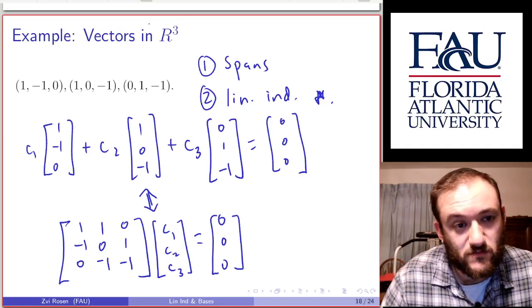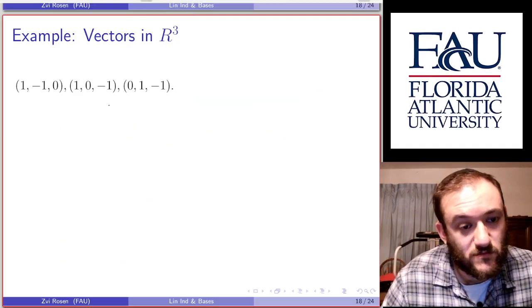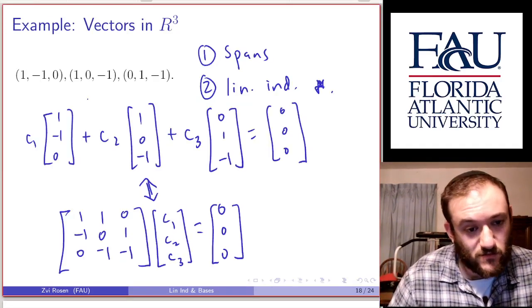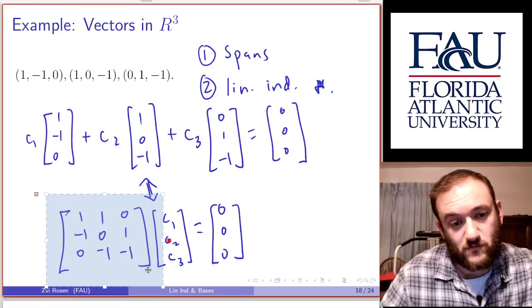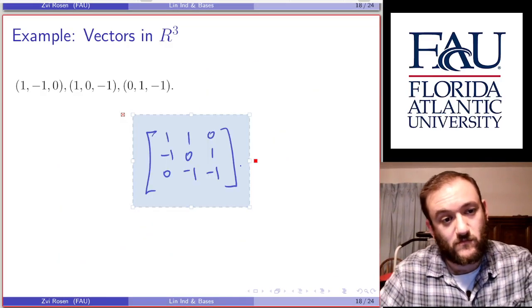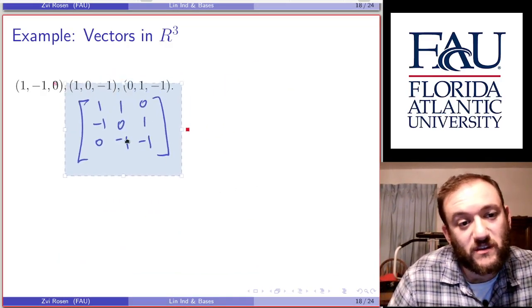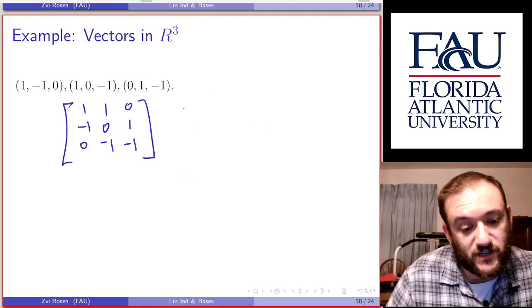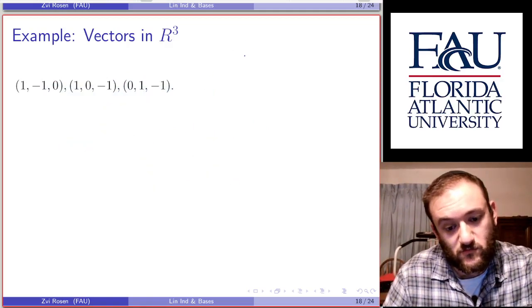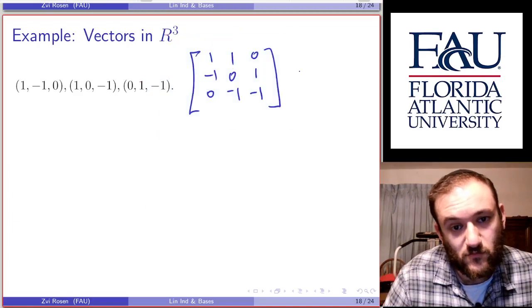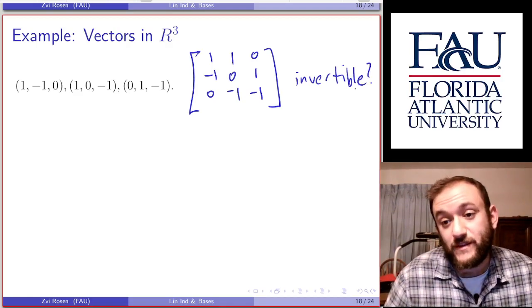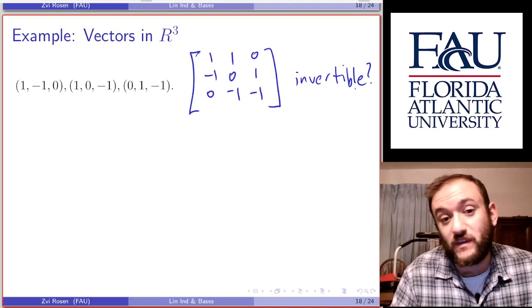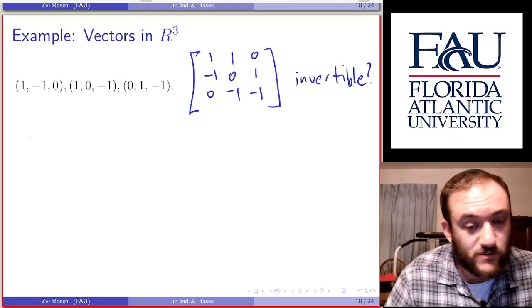Okay, and so we just have to determine if this is an invertible matrix. And as with the 2 by 2 case, a 3 by 3 matrix is invertible if and only if its determinant is non-zero. So let's compute a determinant.